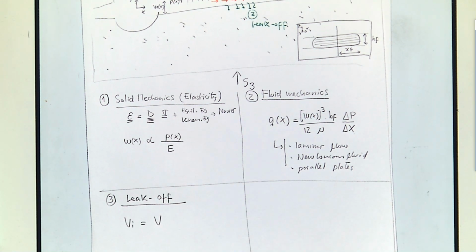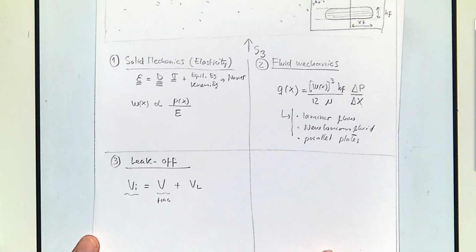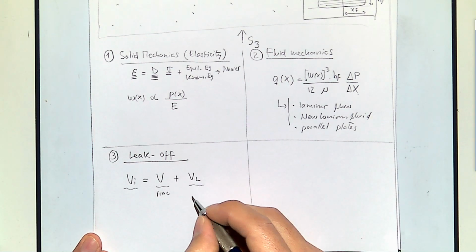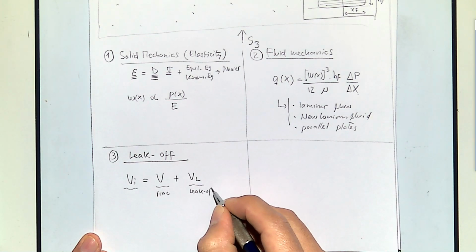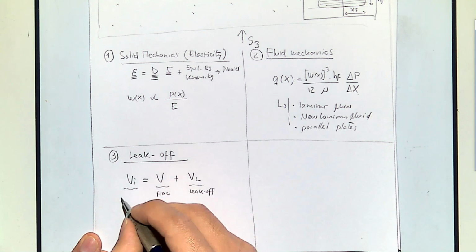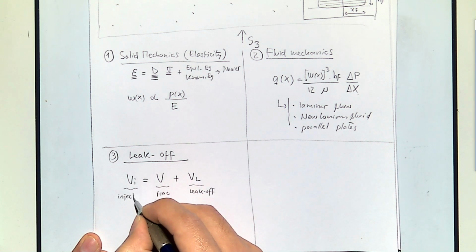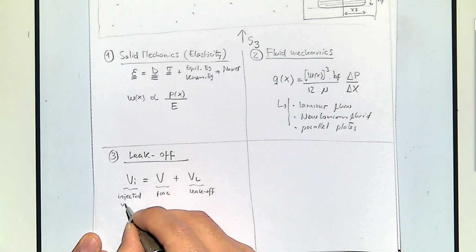So here we're going to divide this into the volume that goes into the fracture, the leak off volume, and all of that is going to depend on how much we inject.